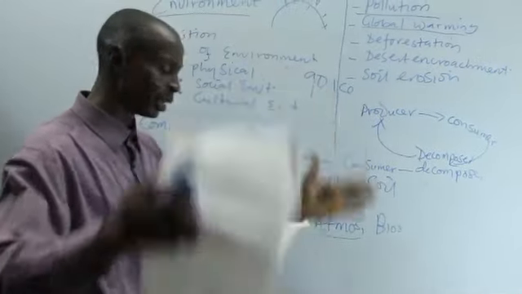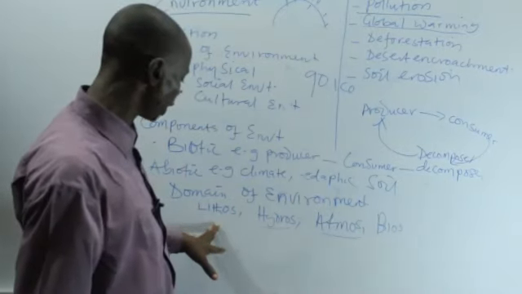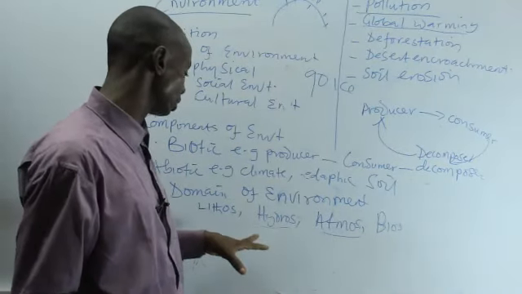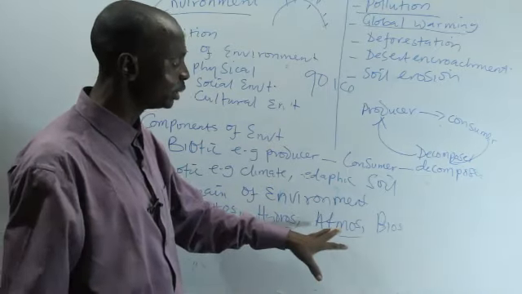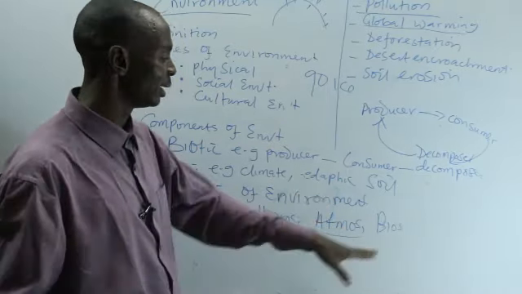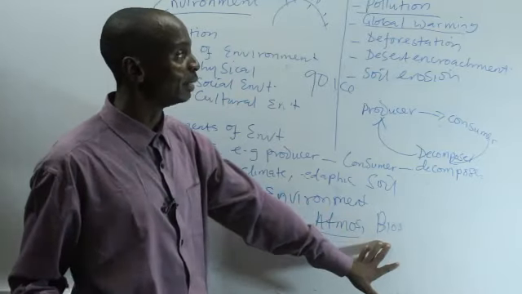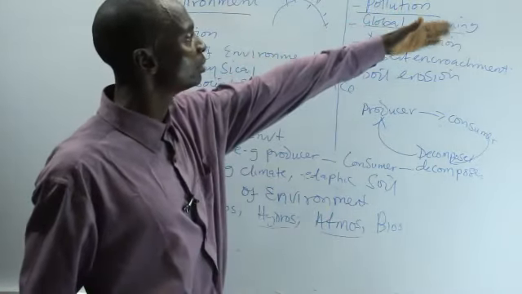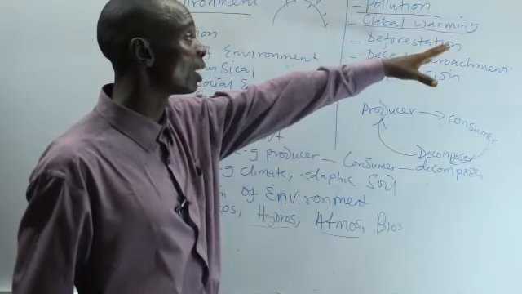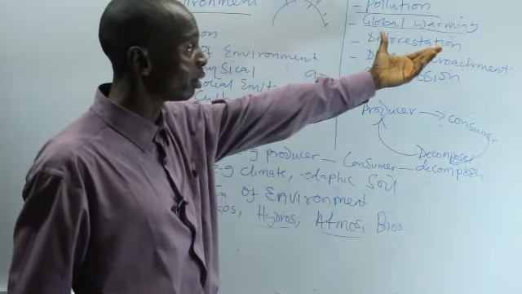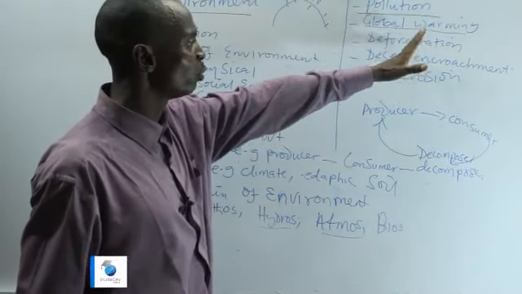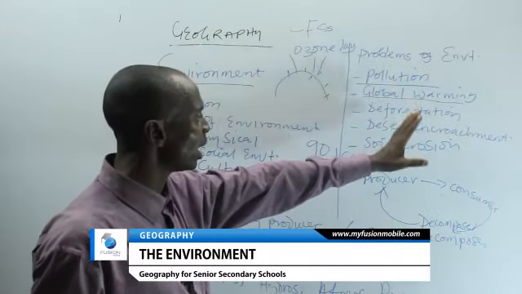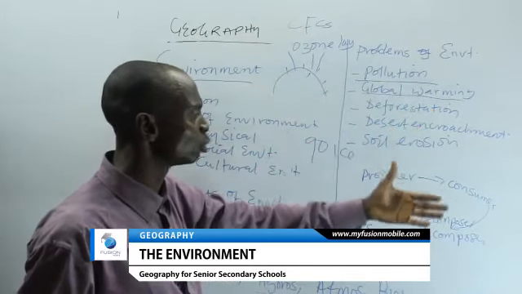Lithosphere is the sphere that is occupied by the solid parts of the environment. Hydro means water. Atmo means what? Air and gases. While bio means life. Then we look at the problems threatening our environment. Number one, we have environmental pollution. Number two, global warming. Number three, deforestation. Number four, desert encroachment.